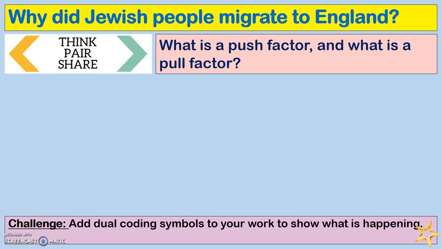So they moved westwards because they couldn't find a job. That was a bad thing about where they lived. A pull factor, on the other hand, is something good about the place that you want to go to. So, for example, some people move to the seaside because it has a lovely atmosphere. So that's something good about there that they want to move to.